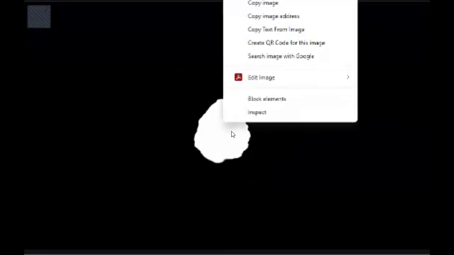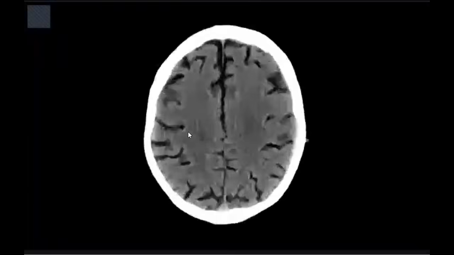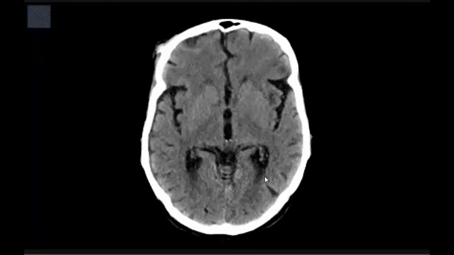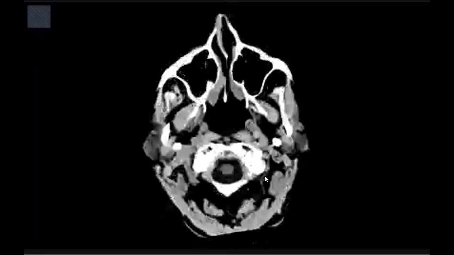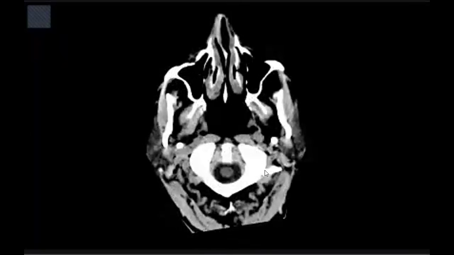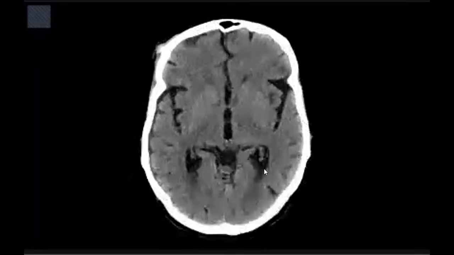This is the last cut, doctor. You can go in the reverse direction. I am presented with the CT axial cut brain. I will scroll through the image till the last cut.